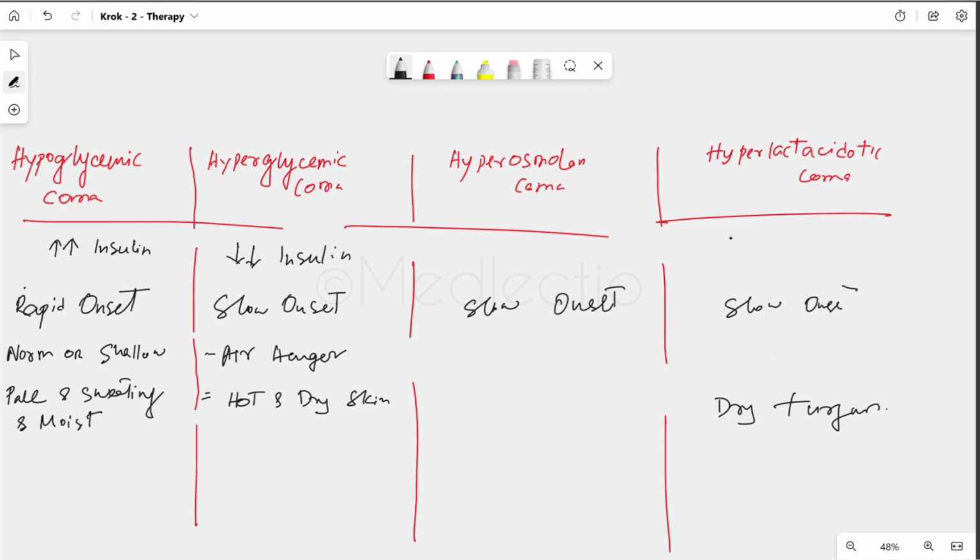It is caused by hypoxia. Here also extreme hyperglycemia and dehydration.